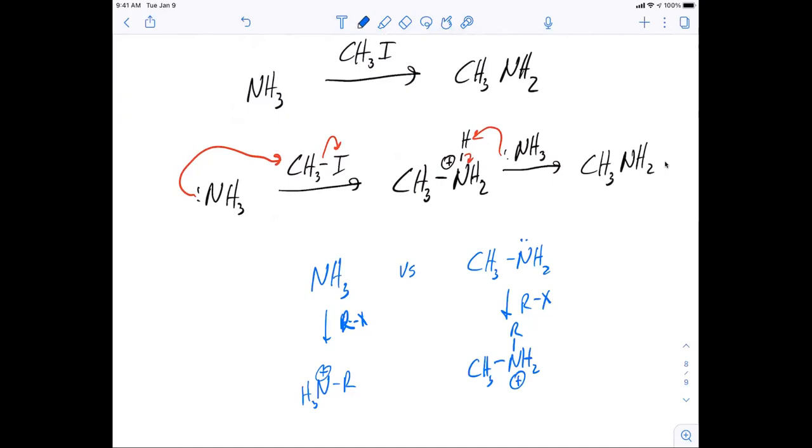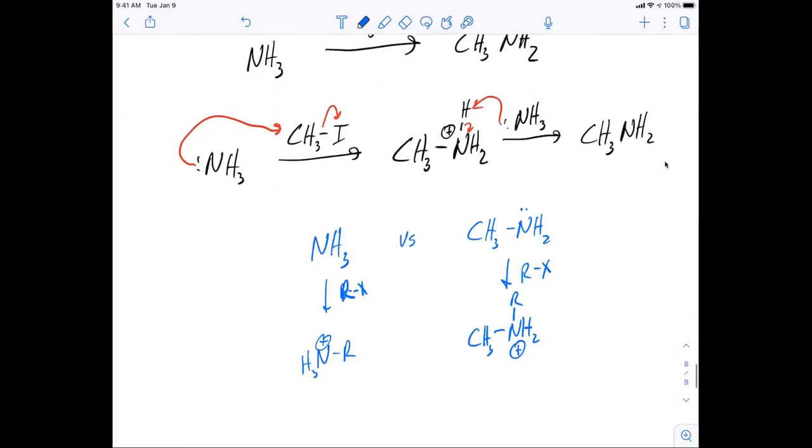Which one of these is more stable? The first one or the second one? Well, because of hyperconjugation, right, the carbon on this one is more stable. If that one's more stable, which one of these is a better nucleophile? This one is a better nucleophile.